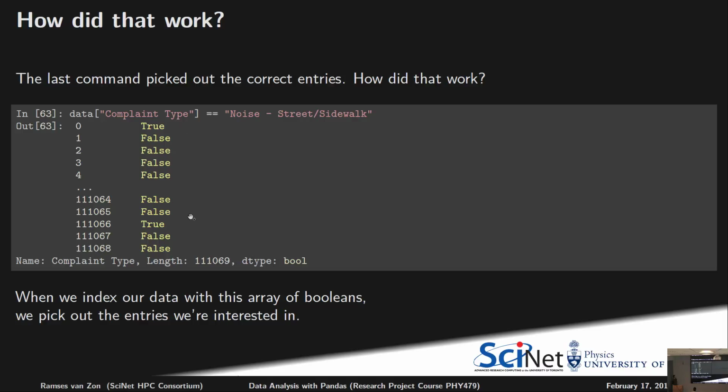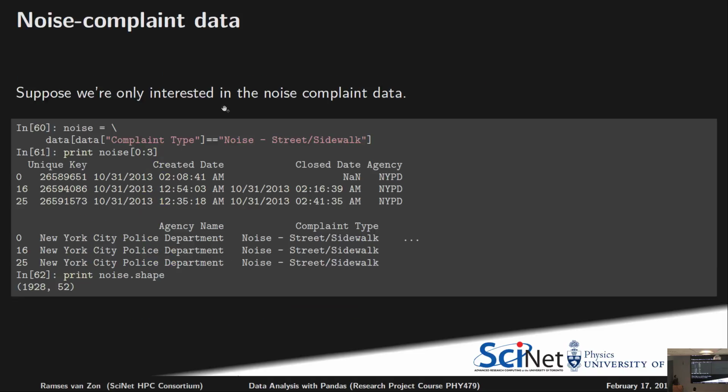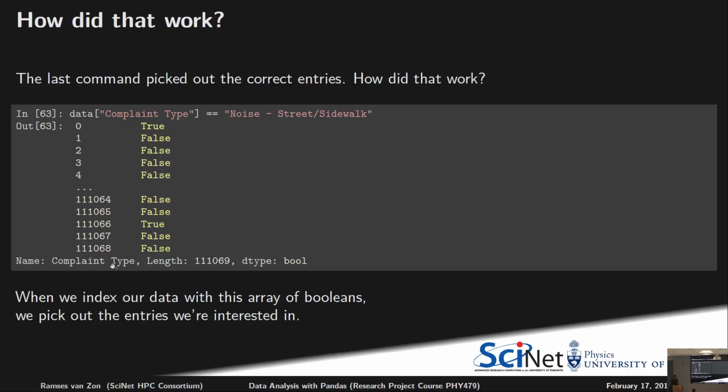So some are true, some are false. And then whenever I feed this sort of a true-false array into data again, with square brackets, it says, okay, this is a Boolean array, so I'm just going to pick out the ones for which it's true. And so it's yet another way to do selections. So it's all about slicing the data and selecting the data.